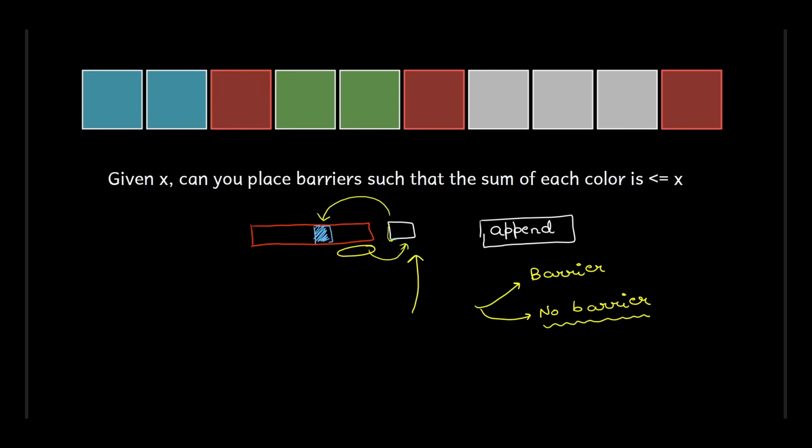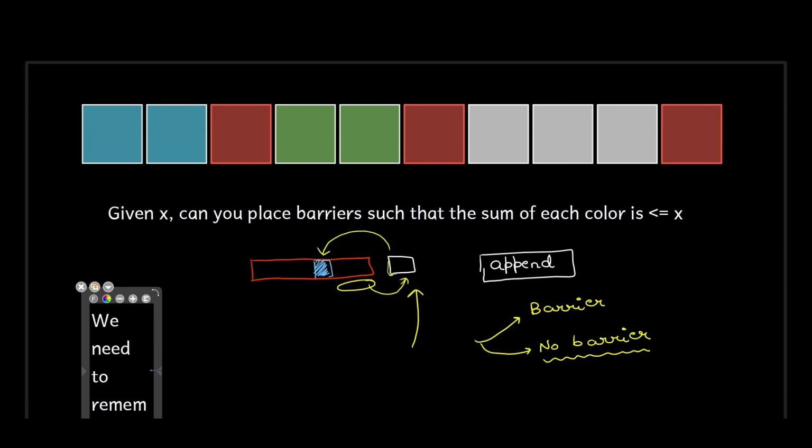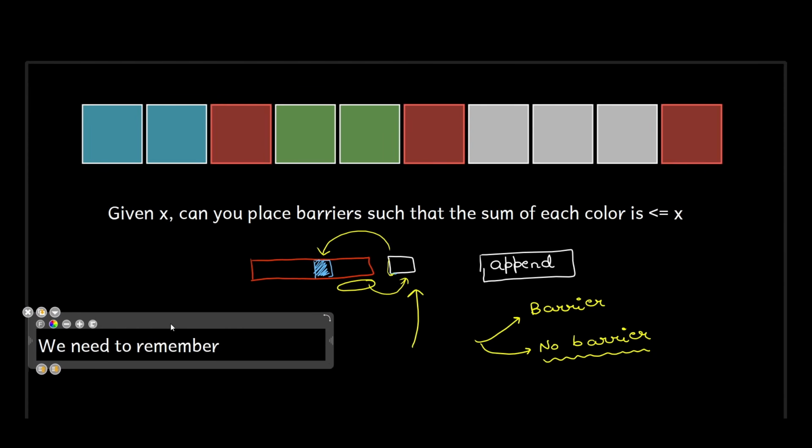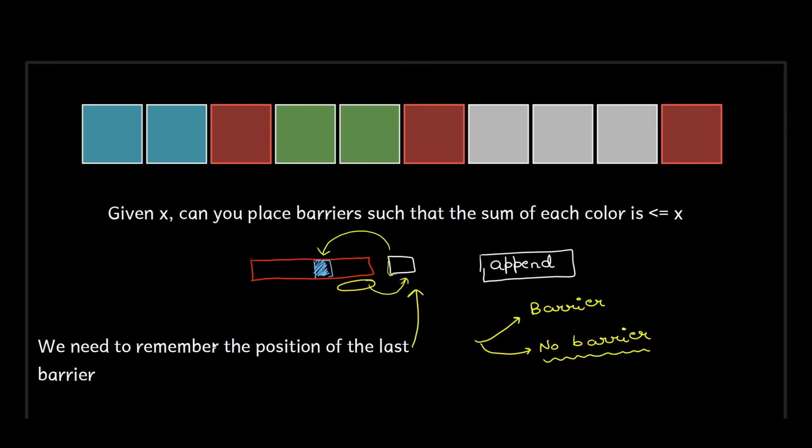So what are the things that we need to remember? Let's write that down. We need to remember the position of the last barrier. Why do we need to remember this?